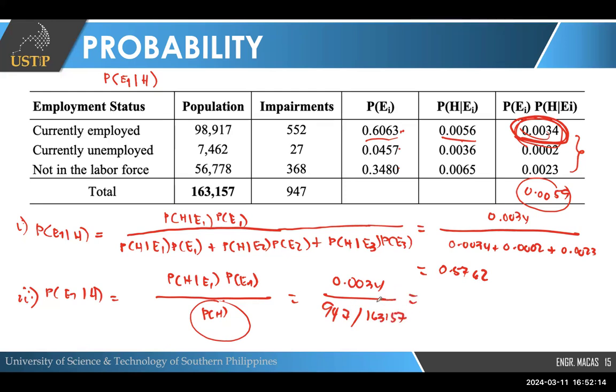If you compute that, it is somewhat different from your first answer, because that one has not yet been rounded off. Divided by, the answer is 0.5857.